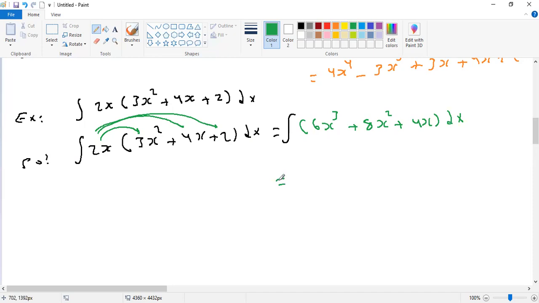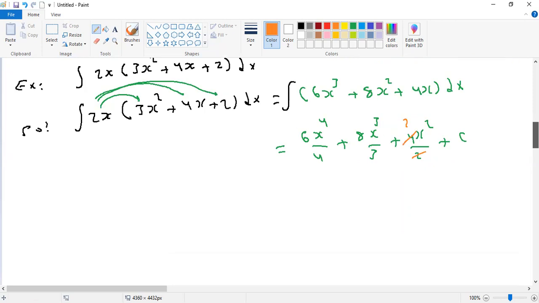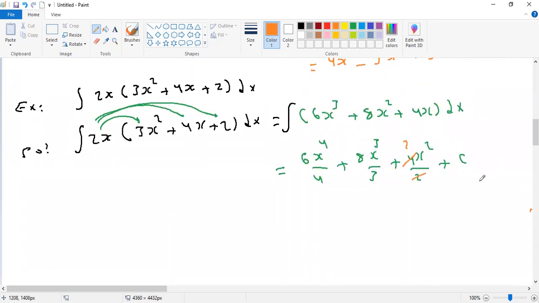Then equal to, the integral of the first one is 6x to the power 4 over 4, plus the second one, 8x cubed over 3, plus the last one, 4x squared over 2, plus the constant. And this one can be simplified compared to the last one. Okay, now this is the answer.